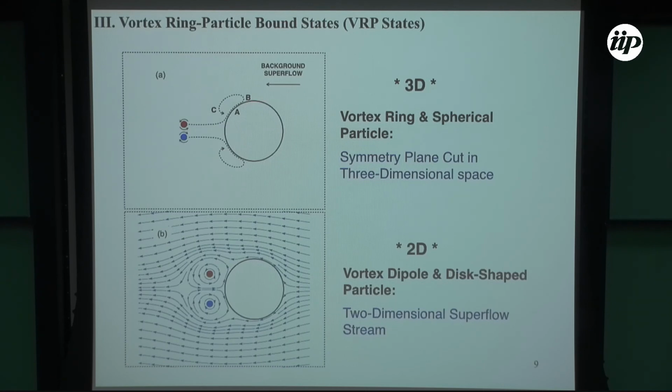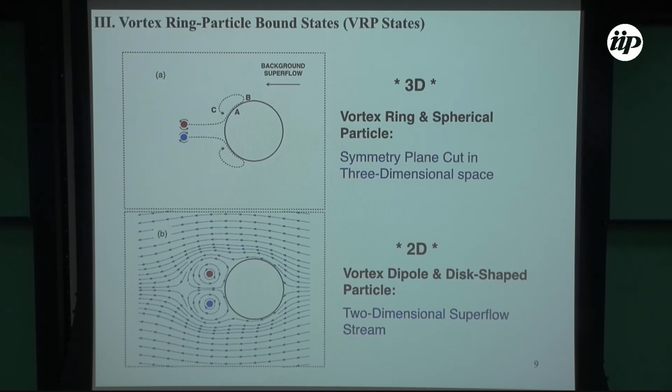I think it's almost twice the external asymptotic superflow velocity, such that the ring down here at the position B can be thrown away to the left. Okay, but then you have a cycle that will be reestablished. So after some iterations, you can develop an oscillating vortex ring on the back of the particle. So that's the image. You have a sphere, and you have a vortex ring which is oscillating, okay, in a stable orbit around the particle.